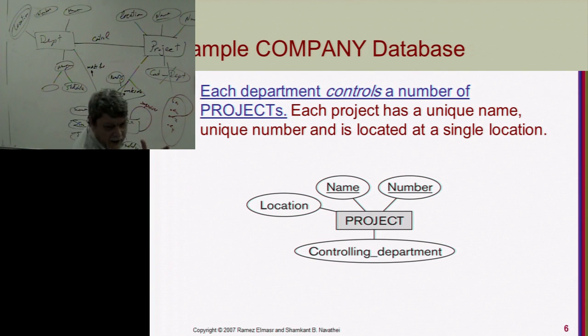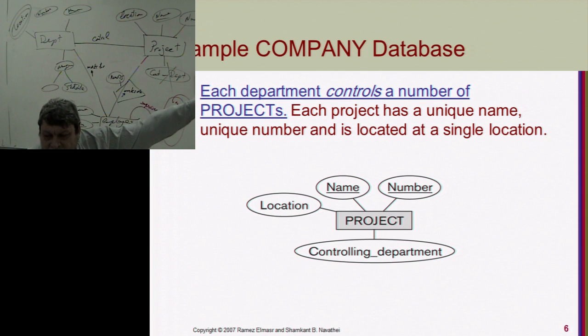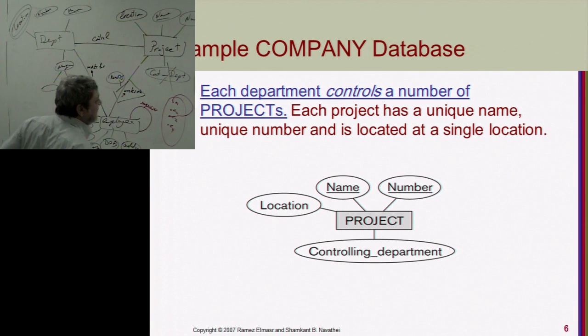When numbers appear in the sentence, it means that we are talking about multiplicity. If you remove number of, if you read it like each department controls projects, so this is the relationship. But how many? This is when it comes any word that relates to numbers. It's talking about multiplicity.